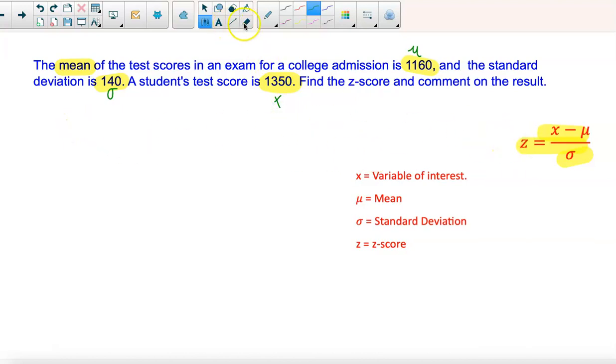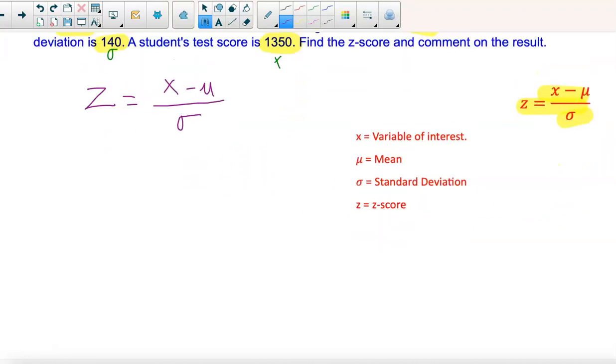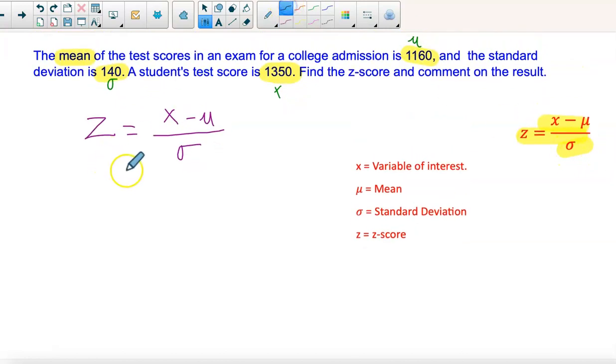So in the formula, z is equal to x minus mu over sigma, that is z is equal to x, which is 1350. It's good to write it down like that also. X value 1350, the mean is 1160, standard deviation 140.